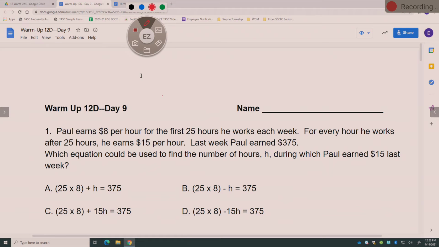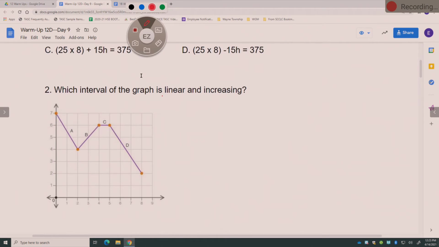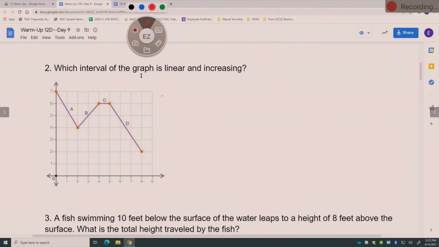Number 2. We are looking for an interval. So line segment A starts here and ends here. Line segment B starts here and ends here. Line segment C starts here and ends here.